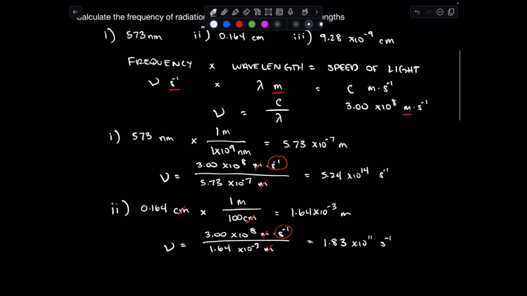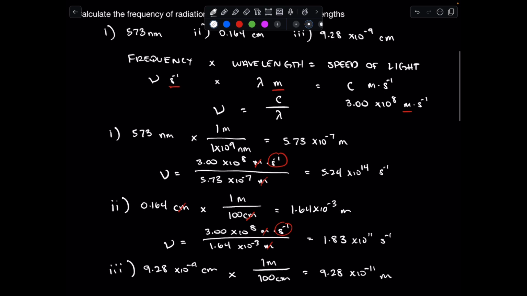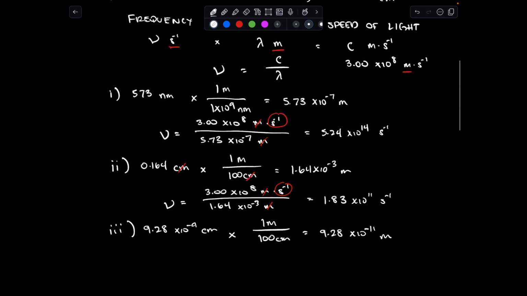Now on to our final one. In this case, we have 9.28 times 10 to the minus 9 centimeters. All right, since this is in centimeters again, we're going to use the same fraction that we used in number 2. So we're going to multiply this by, for every 1 meter, we have 100 centimeters. And now this is going to be equal to 9.28 times 10 to the minus 11 meters. Now we can take that and plug it into our equation.